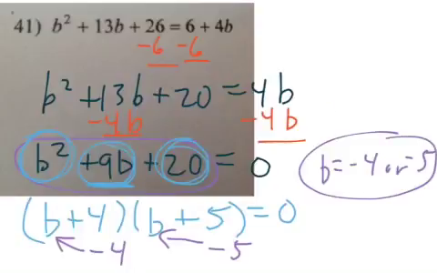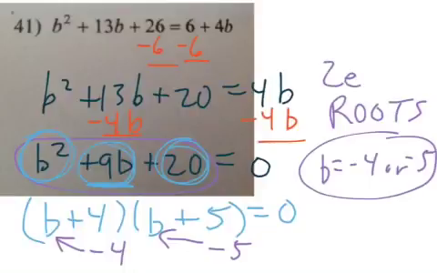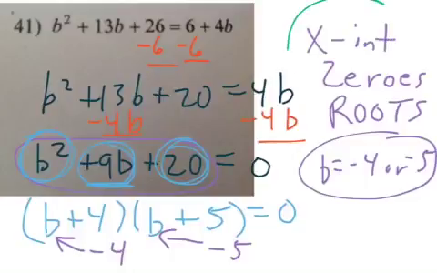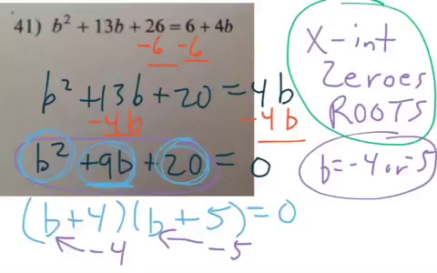And these are what we call our roots, or sometimes referred to as our zeros. I believe I'm spelling that correctly. Or x-intercepts. And all three of those words mean the same thing. In other words, I know that negative 4 and negative 5, if I plug it back in, will give me 0.